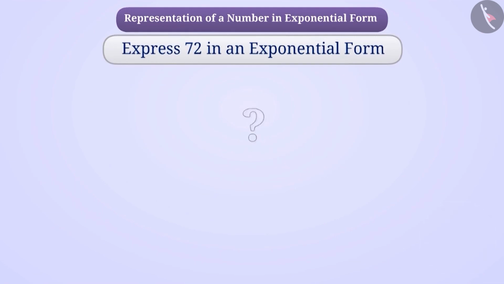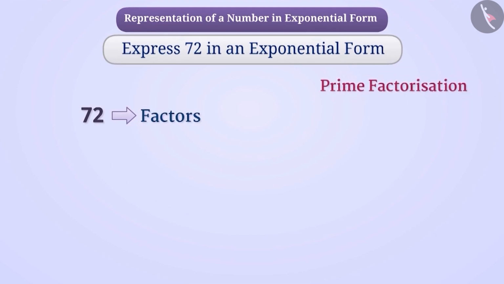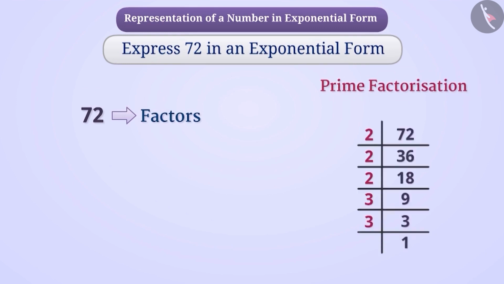Let's find out. To express a number in its exponential form, we first obtain its factors. Prime factorization is an appropriate method for this. The prime factorization of 72 can be done in this way. This will give us the factors of 72. Now we will see which number is repeated and how many times.